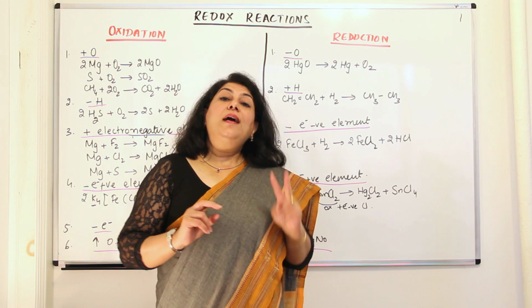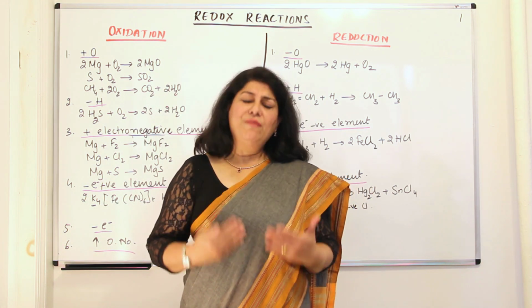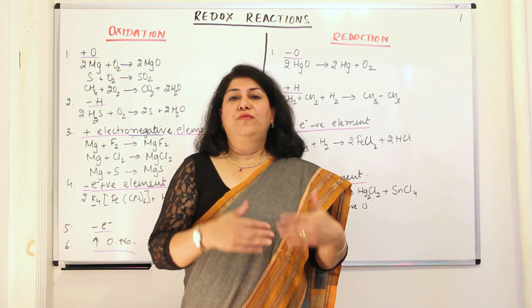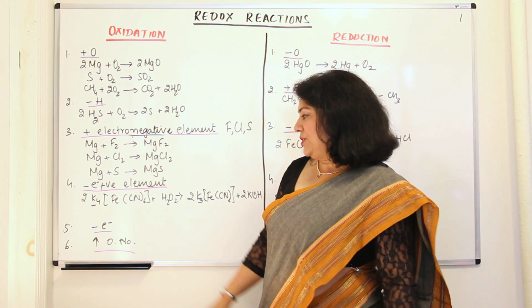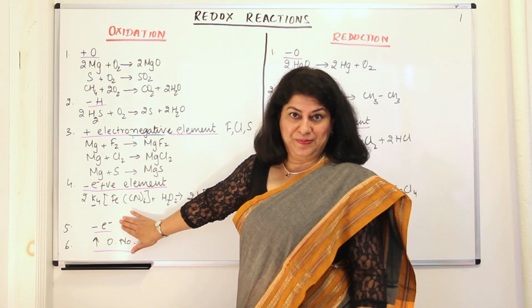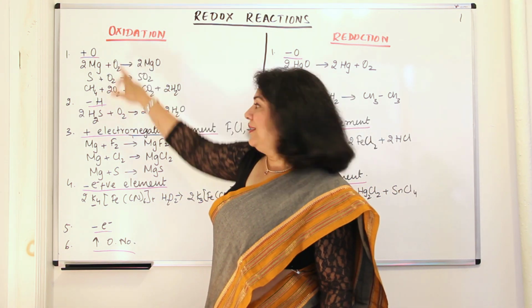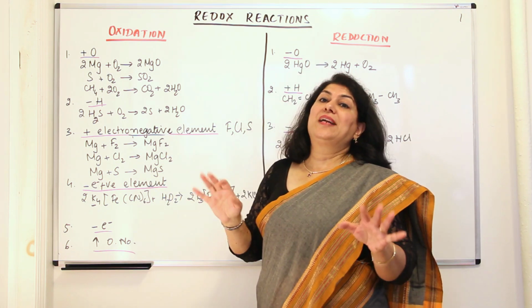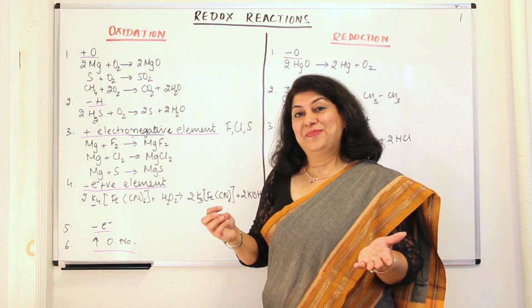Now, there are 2 more definitions of oxidation and reduction, which we will be doing in the forthcoming videos. Right now I'll just tell you what the other 2 definitions are. One definition of oxidation is the removal of electrons. When we said oxygen is electronegative, all these elements are electronegative. And what about electrons in an atom?